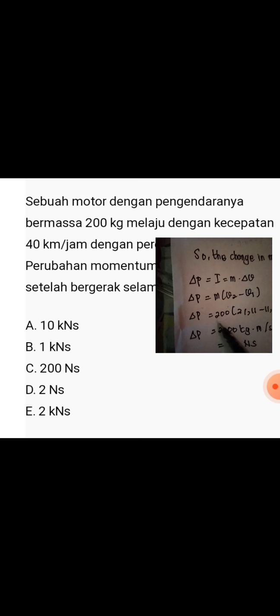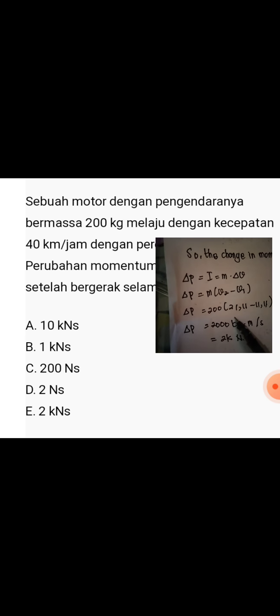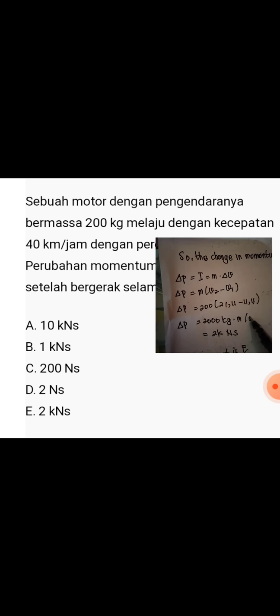Change in p is 100 multiplied by 21.11 minus 11.11.